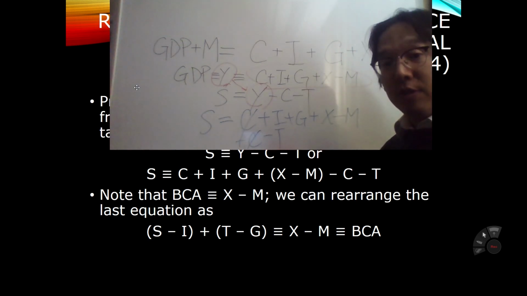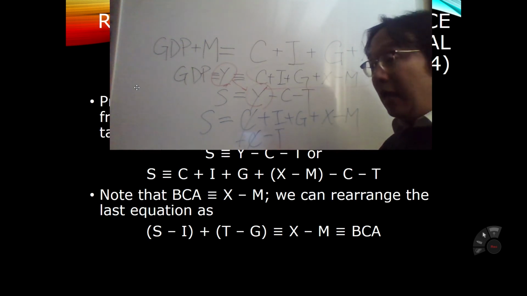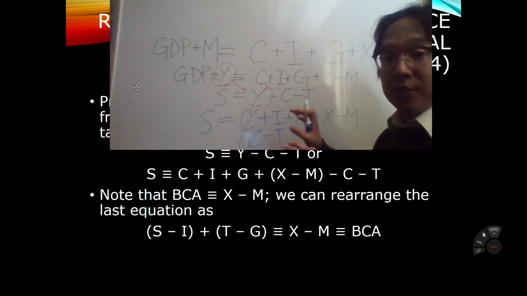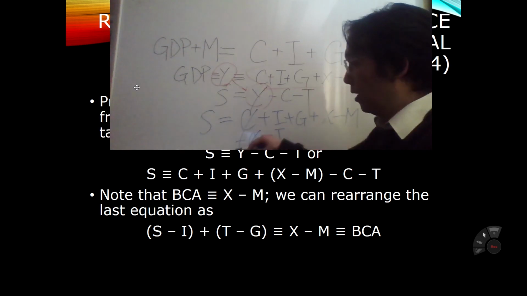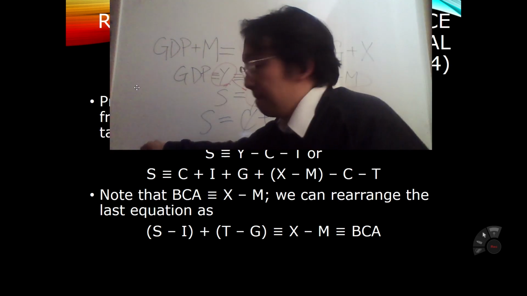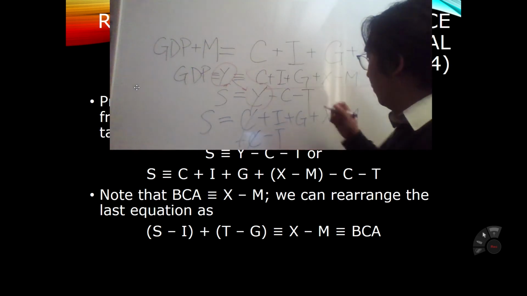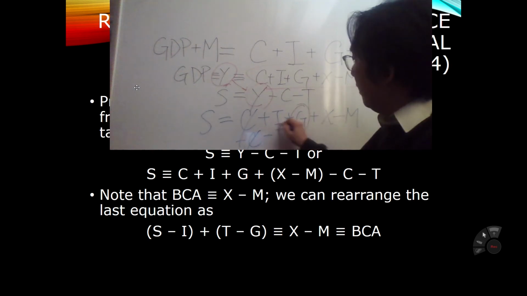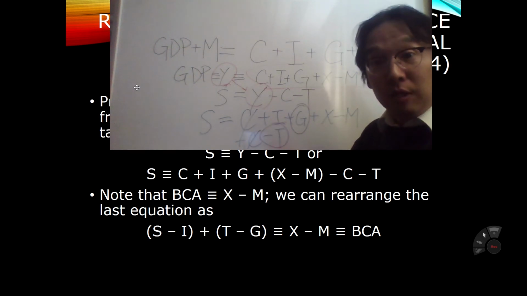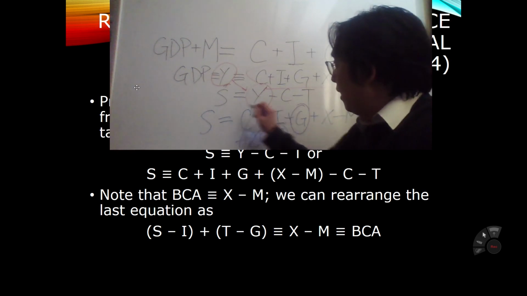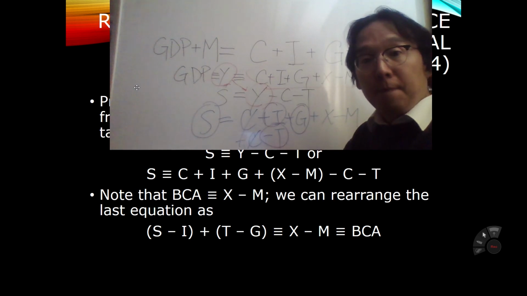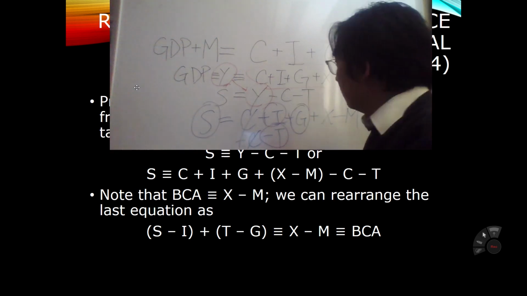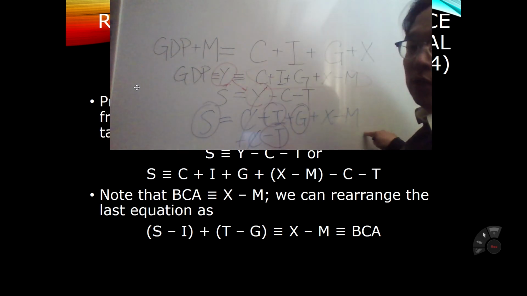Cancel each other out. And we have some common items that we want to group together. Government spending and tax revenues, they are closely related, right? And then savings and investment, they're gonna get together, and export and import, they're gonna get together.